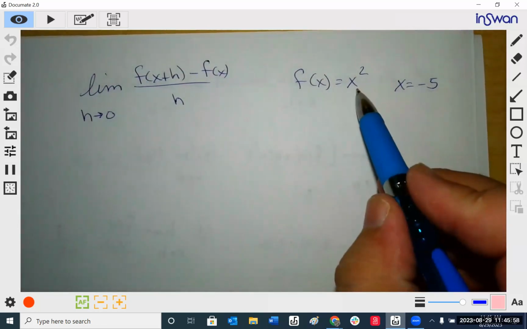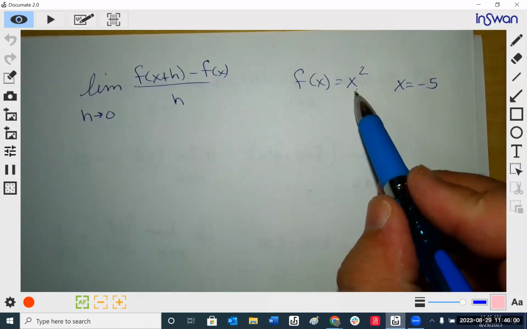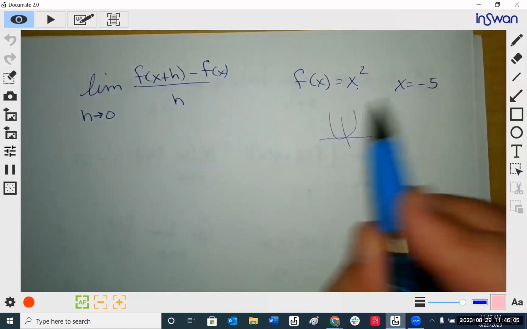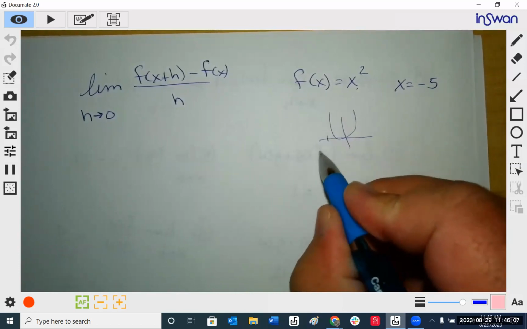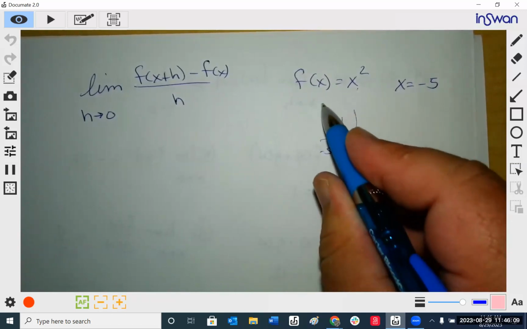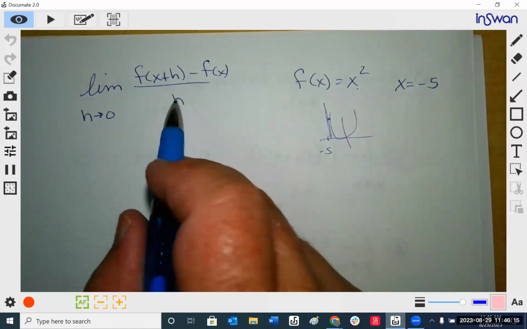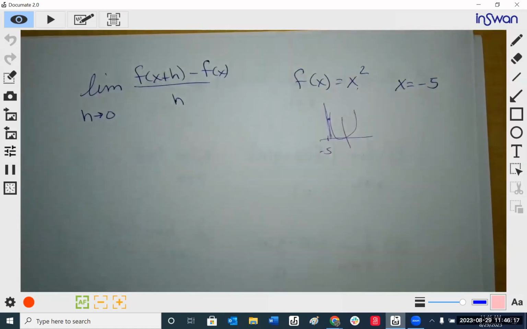Basically, here's our curve. X squared is a parabola. It wants to know what is the slope when x is -5. What is the slope of that tangent line, using the difference quotient? It's easy, but who wants to do it?